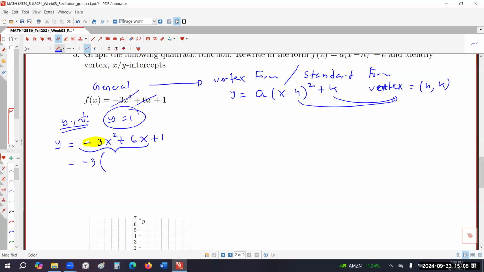So if you pull -3 out, what is left in the first term? You have -3x squared, you pulled out the -3, what remains? X squared, and from 6x, you are left with -2x.